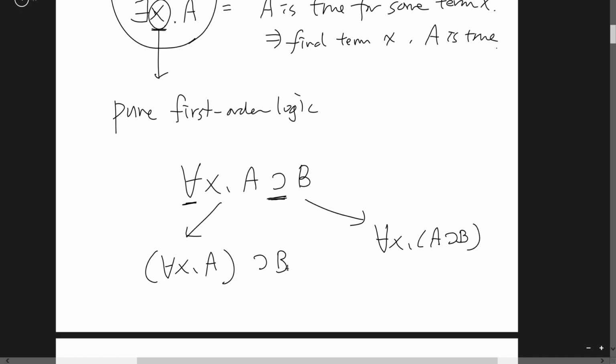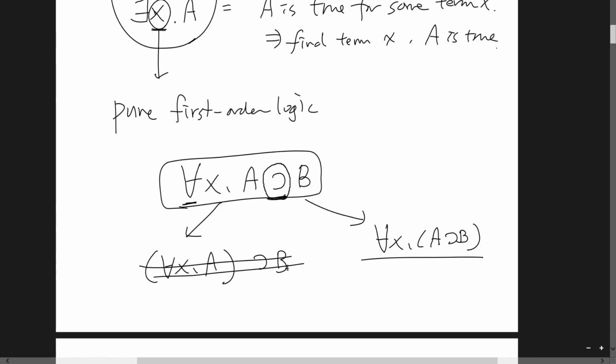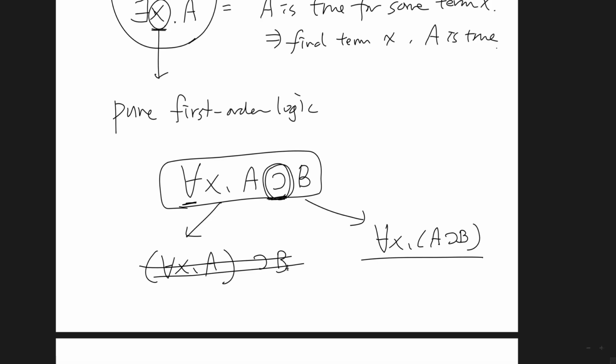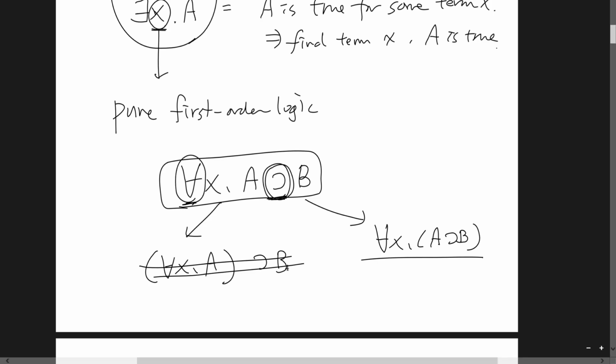And we use this convention because it complies with our intuitive reading of this proposition. So the first is not the case. So the logical connectives have higher operator precedence than this quantification.